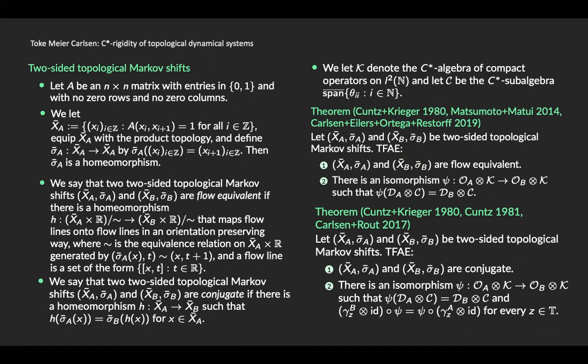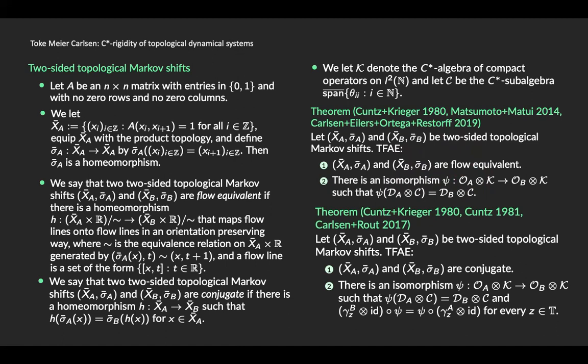So flow equivalent, there is an algebraic invariant of that, and that's the K-theory plus the sign of the determinant of I minus A. So there's a difference.